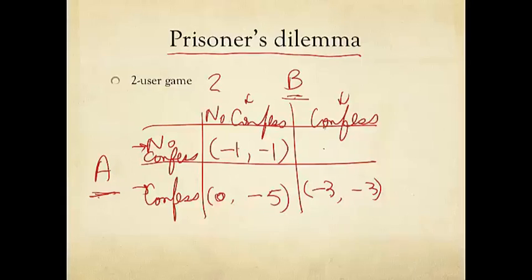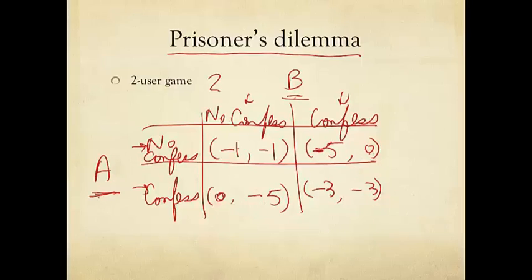And this is a symmetric game, so we also have this cell filled out exactly like this one. If B confessed, then she walks away with nothing, 0 years, and if A does not confess, then she will be getting 5 years.